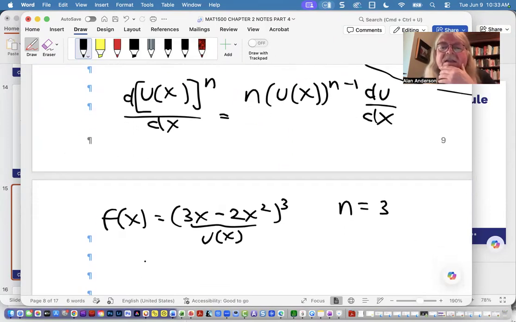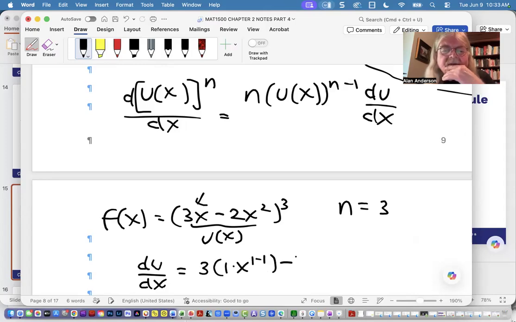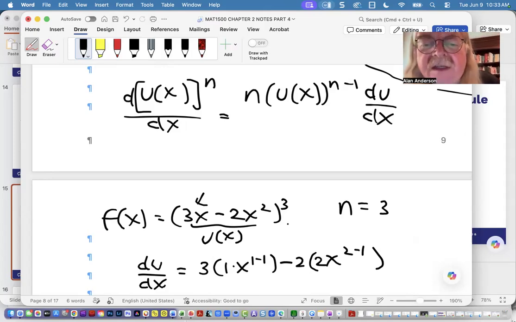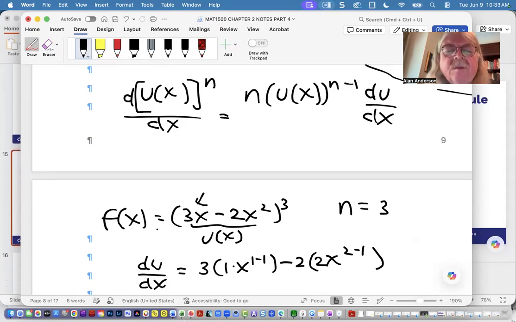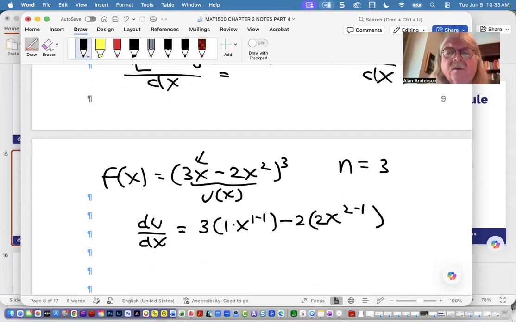And we now need to know du dx. So we have 3 times 1 times x to the 1 minus 1, minus 2 times 2x to the 2 minus 1. This is just the u of x, by the way. You notice how we're only applying this to what's inside the parentheses. We're applying the power rule that we learned in earlier chapters.